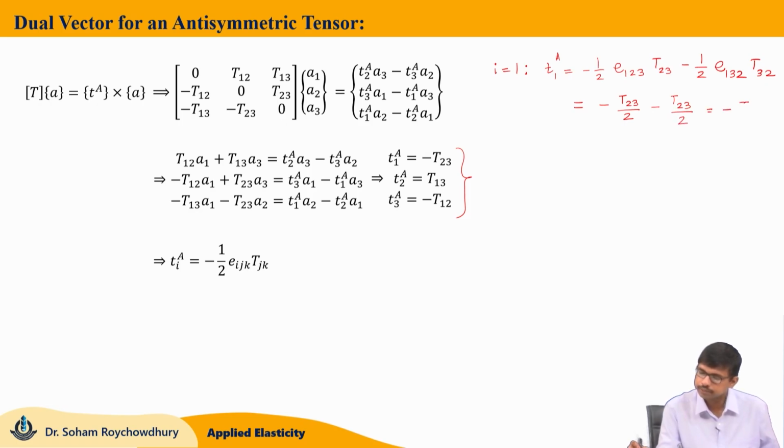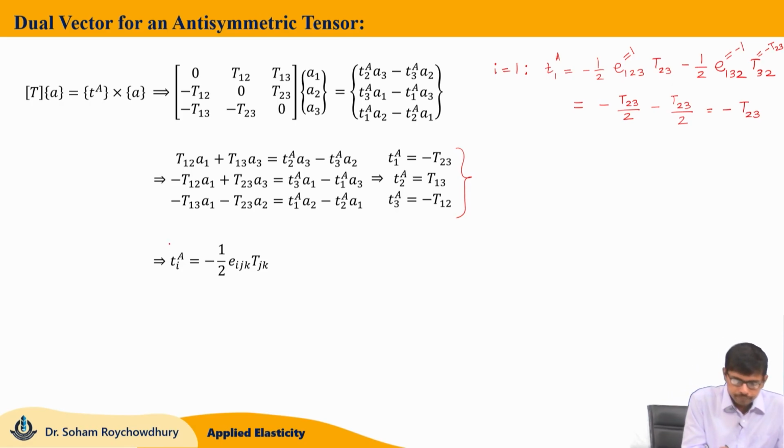In total, this is minus T23. Why? Because E132 is minus 1, E123 is 1, and with the property of the antisymmetric tensor, T32 is minus T23.